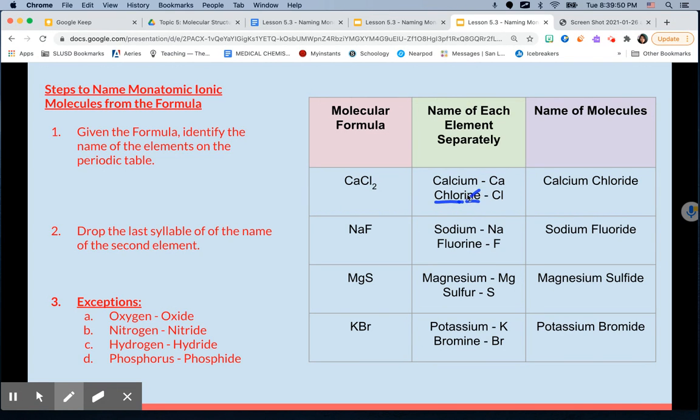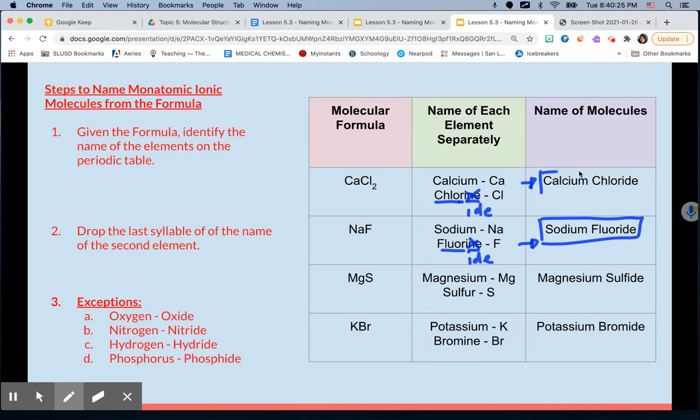I get rid of the "ine" part and then I change it to "ide." Sodium fluorine becomes sodium fluoride: get rid of the "ine", change it to "ide." And that's how I end up with the actual name, sodium fluoride. So again, calcium is the first name, calcium stays the same. Chlorine is the second element, so chlorine, drop the last syllable, chloride.